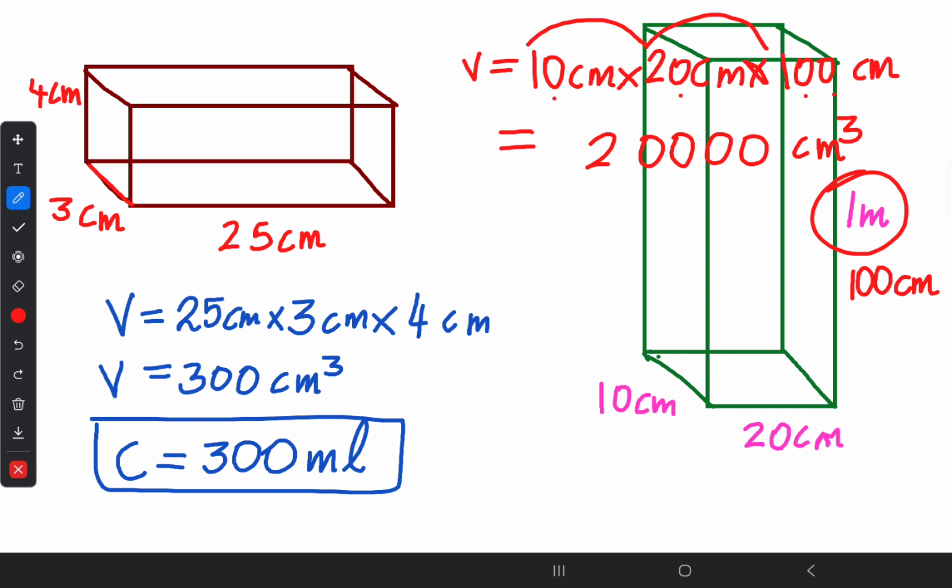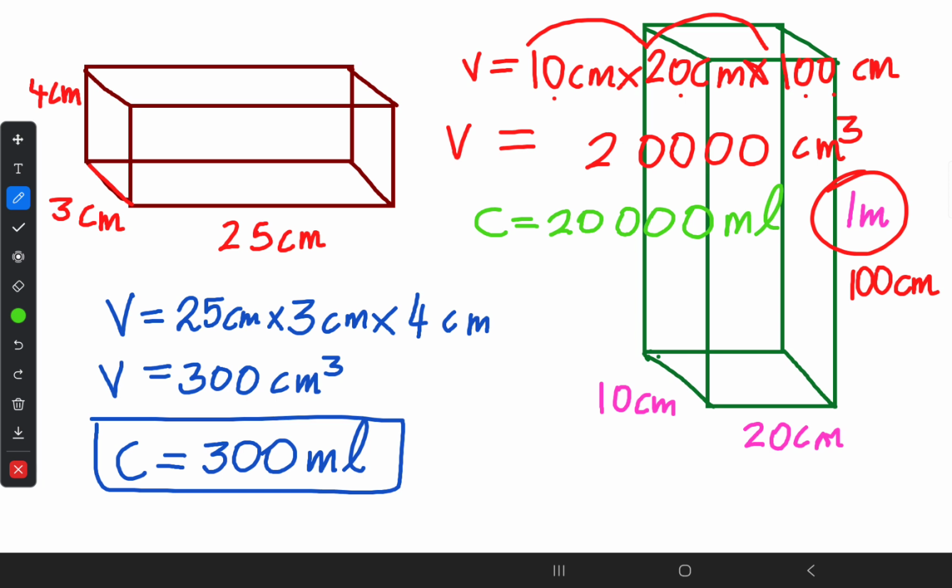So when I denote this in capacity, 20,000 cubic centimeters, we can directly write the capacity as 20,000 milliliters. When the milliliter amount exceeds the 1000 limit, definitely you have to denote your answer in liters.